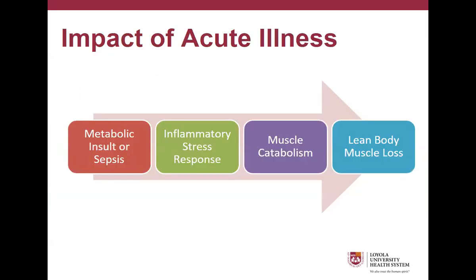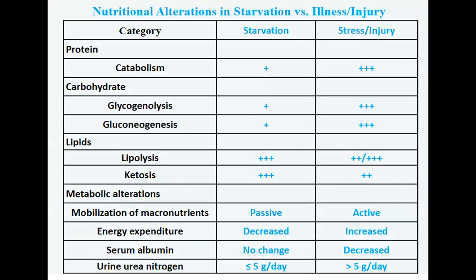Okay, so before we even go into nutrition in itself, I think it's important to take a brief step back and remember the physiological changes that occur when anyone comes in with any sort of injury, infection, or some sort of acute illness, because that's going to result in a poor nutritional status and lean body muscle loss.